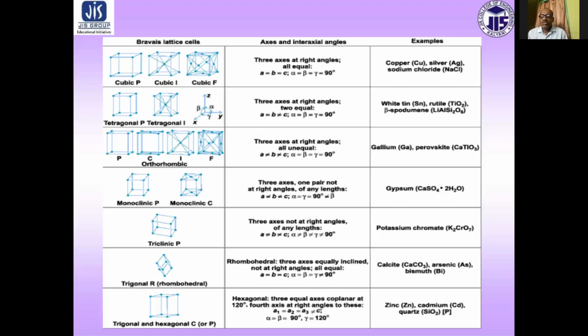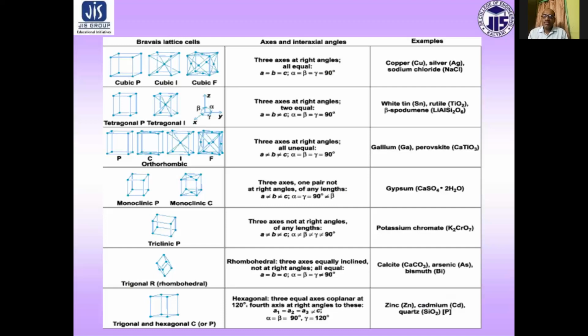For orthorhombic structure, 4 types are possible. One is P type, that is simple type, C type, that is base centered, I is body centered, and F is face centered. So in this, these axes are at right angles, all unequal.